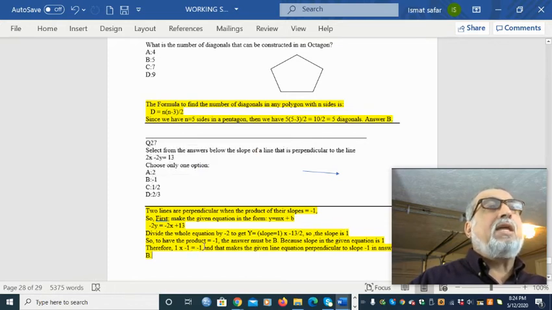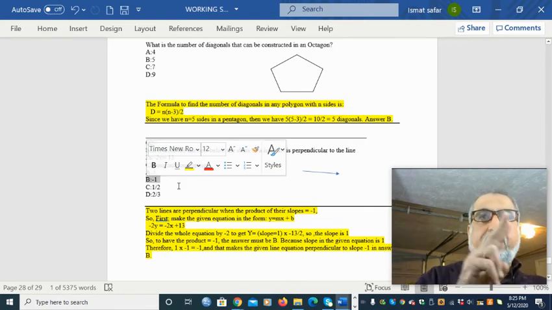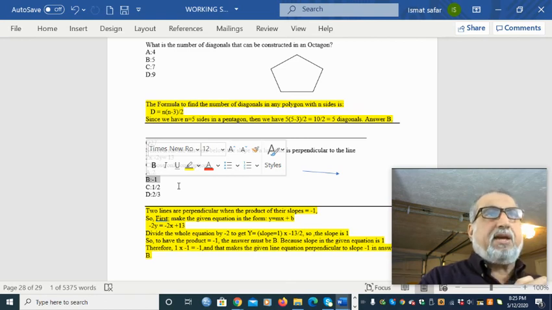That is what makes those 2 lines perpendicular: their slopes multiplied by each other give -1.